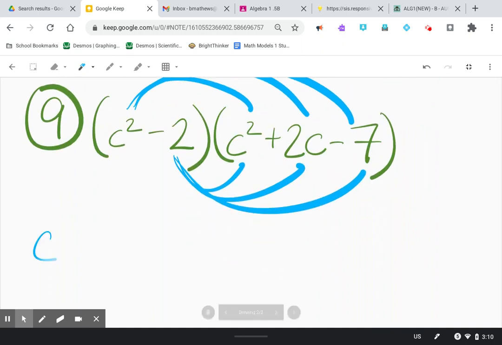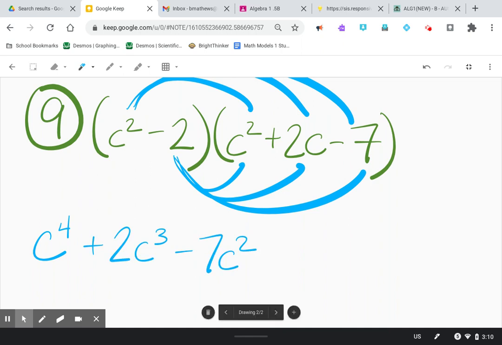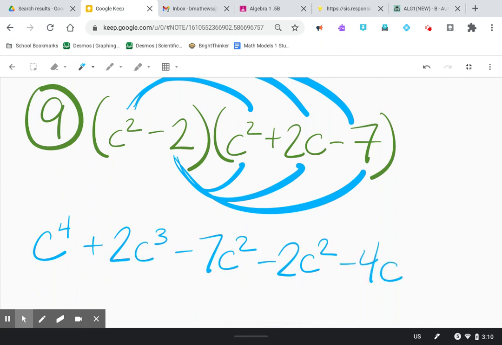C squared times C squared is C to the 4th. C squared times 2C is 2C to the 3rd. C squared times minus 7 is minus 7C squared. Negative 2 times C squared is negative 2C squared. Negative 2 times 2C is negative 4C. And negative 2 times negative 7 is plus 14.